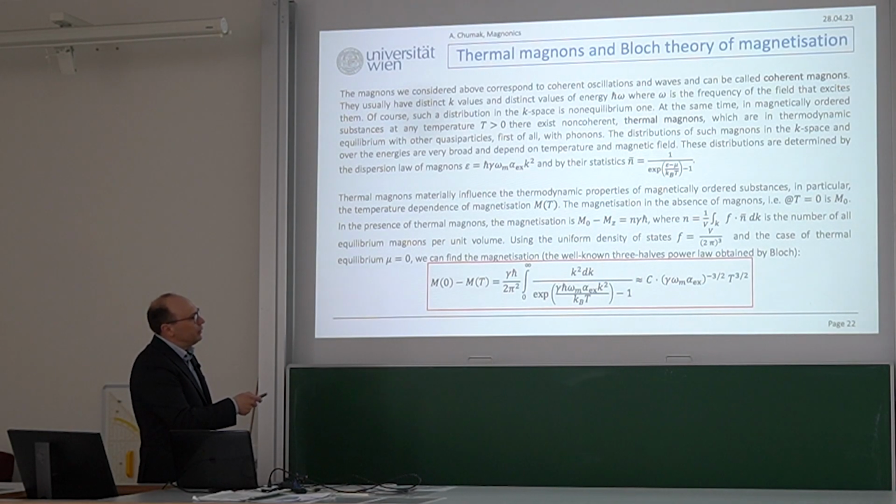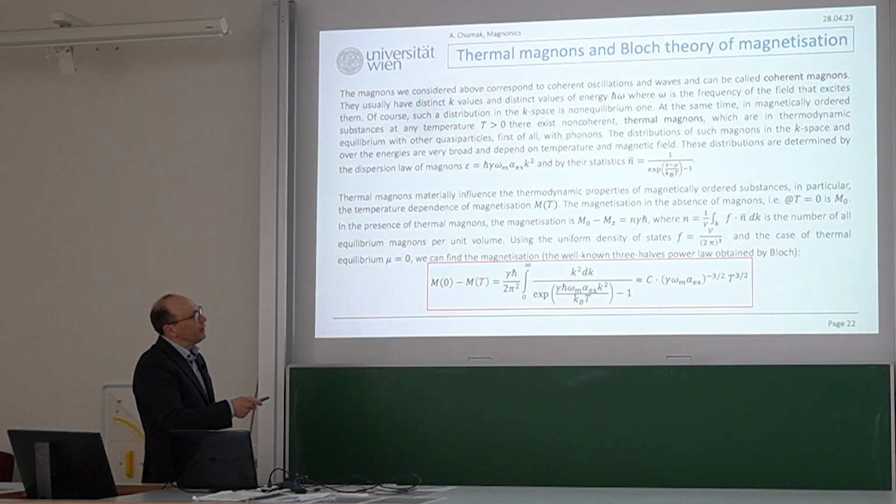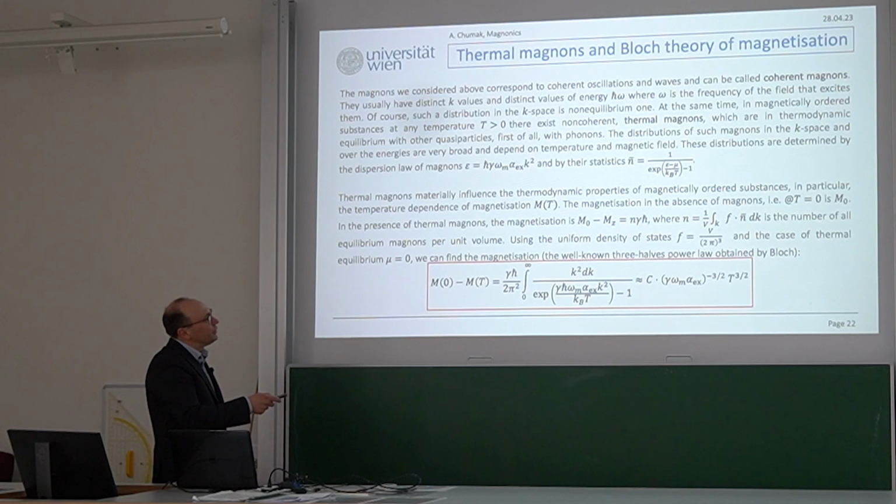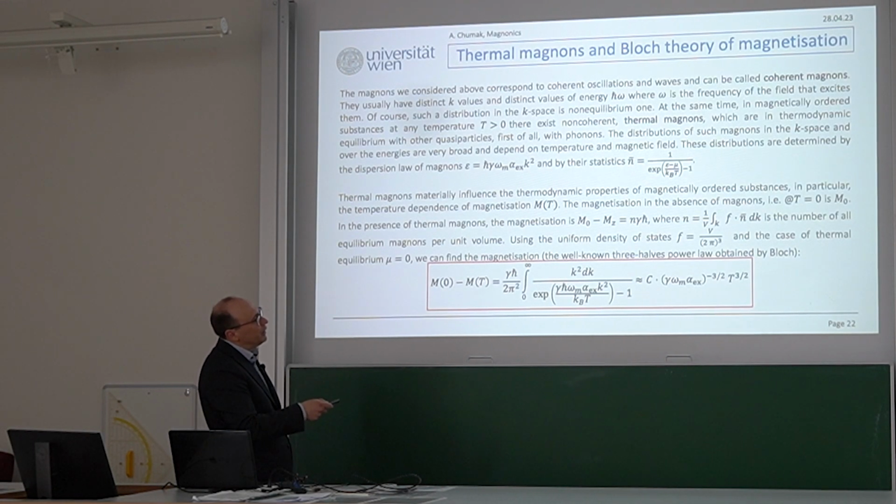So if you have static magnetization as a function of temperature, what you need to do here is introduce this number of magnons, where you integrate the density of states times the Bose-Einstein statistics. You integrate over all k.